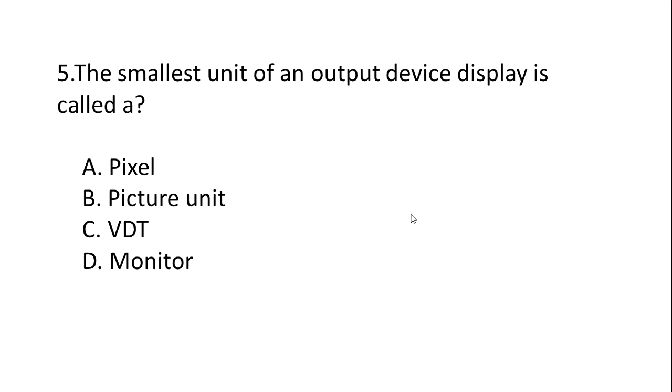The smallest unit of an output device display is called, option A pixel, option B picture unit, option C VDT, option D monitor.